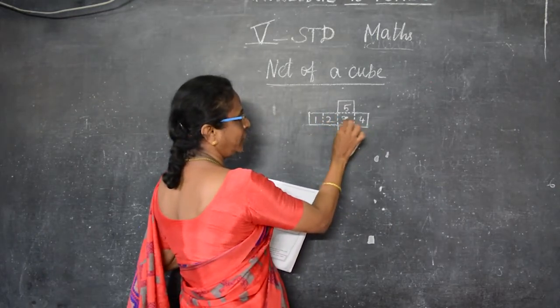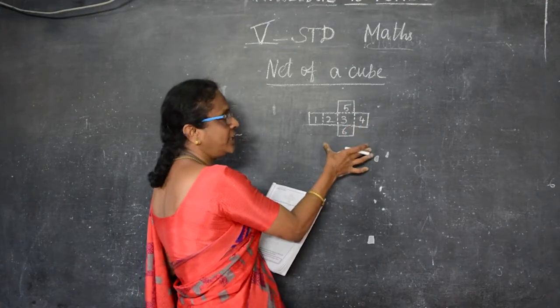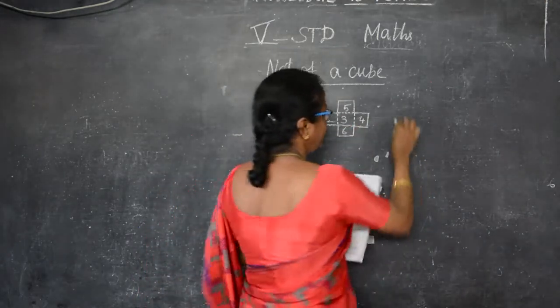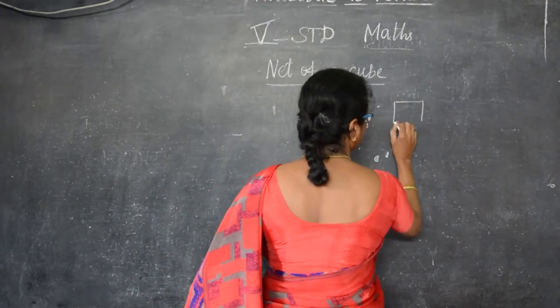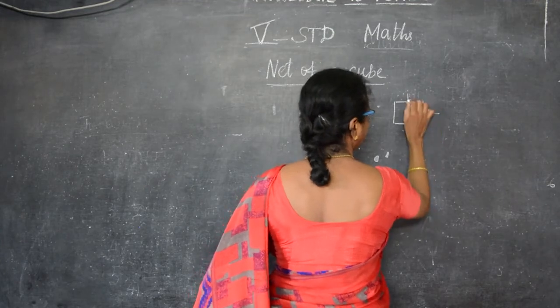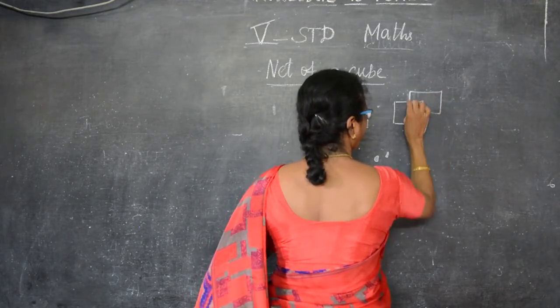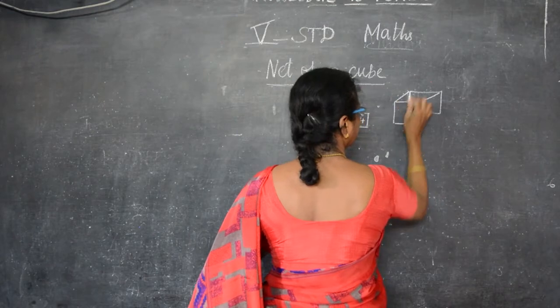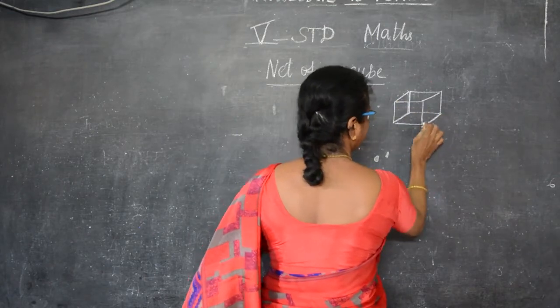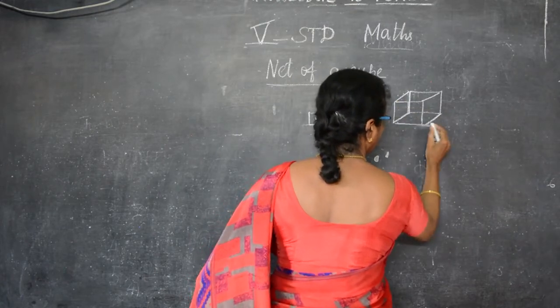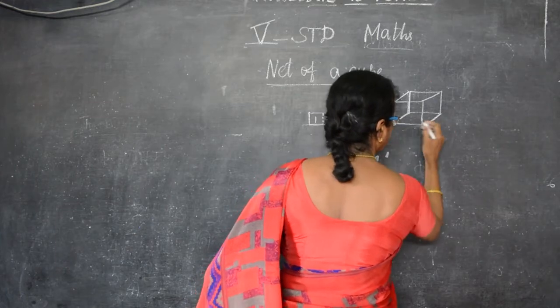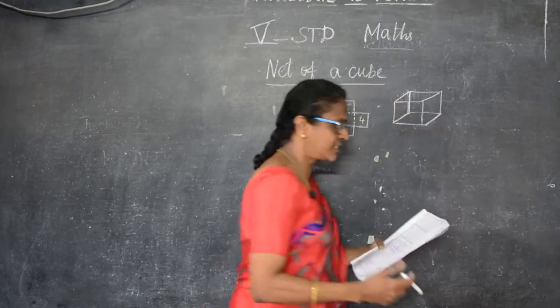Everything 1, 2, 3, 4, 5 and 6. This is the net of a cube. If you draw the cube like this, so many times I have drawn this. So this is the cube. This is the net of a cube.